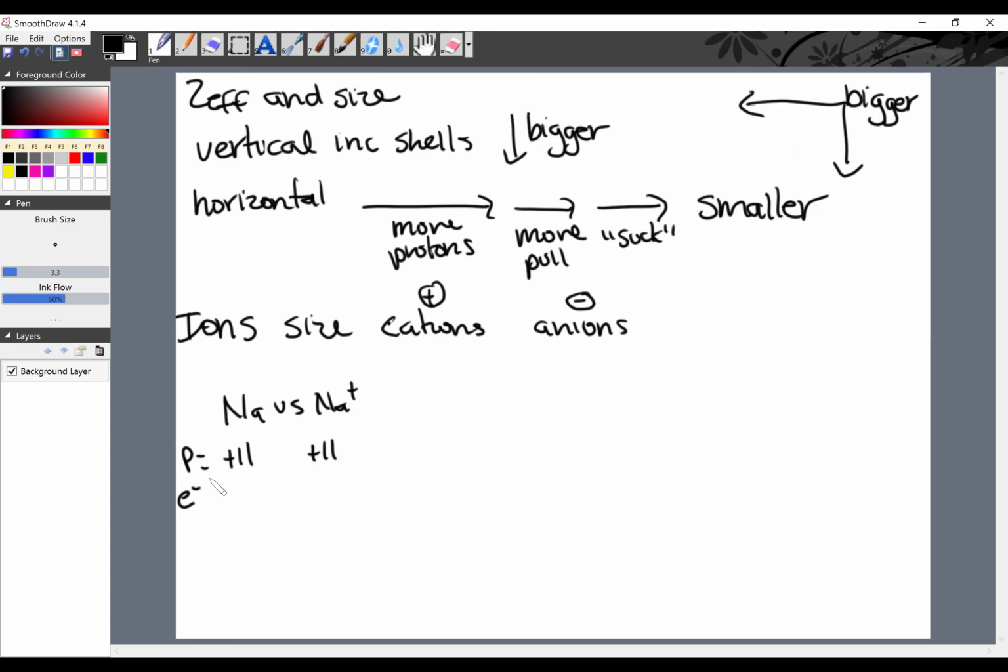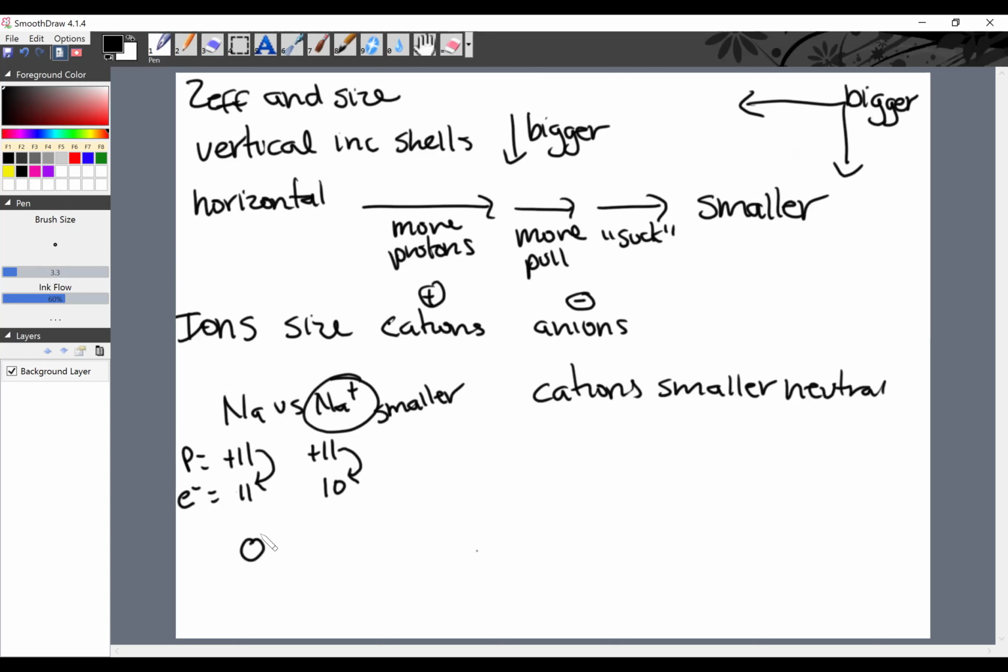The sodium that's neutral is pulling on 11 electrons. But this one's only pulling on 10 electrons. So I have 11 pulling on 10 and 11 pulling on 11. Who's going to suck in tighter? This one should be smaller. So cations are usually smaller than their neutral counterparts.